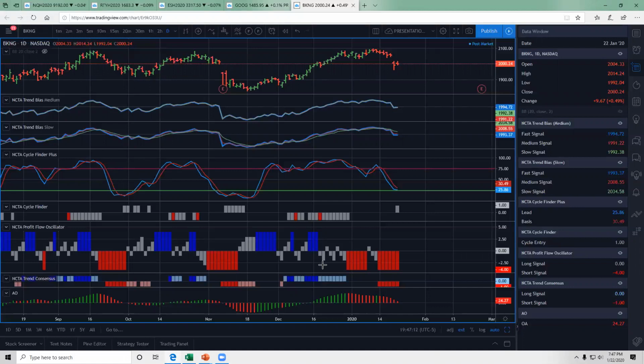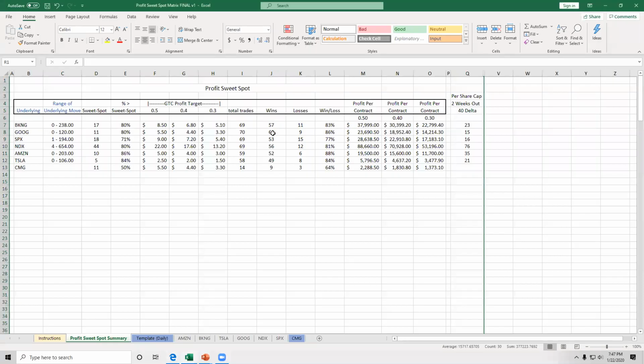Greg's asking, the Google trade cost $29.50. Was that twice the expenses of your expectation from your spreadsheet? Let me see. Google is about $15. Yeah, but I traded further out in time than 2 weeks.